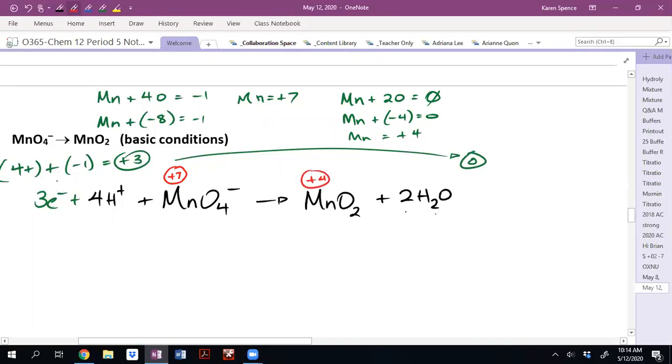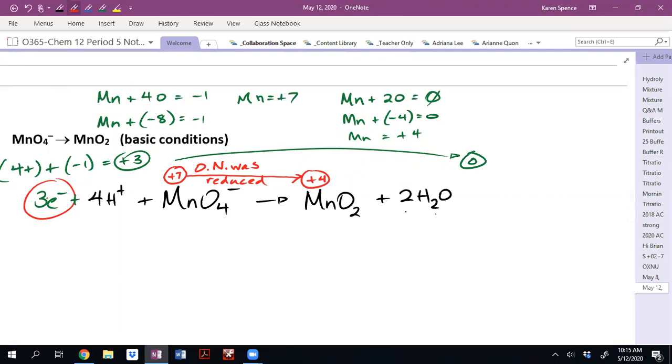So yes, we gained electrons, but we can also see that our oxidation number was reduced. It got smaller. That's where the term reduction comes from. It's a reduction in the oxidation number. So there are two ways you can look at that, but if you've already balanced it, it's easy to see, yeah, I'm gaining electrons, so that's reduction. Grr. Leo the Lion says grr.